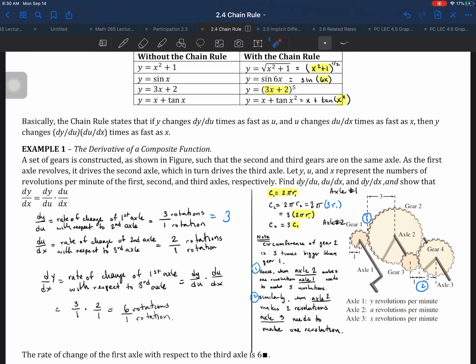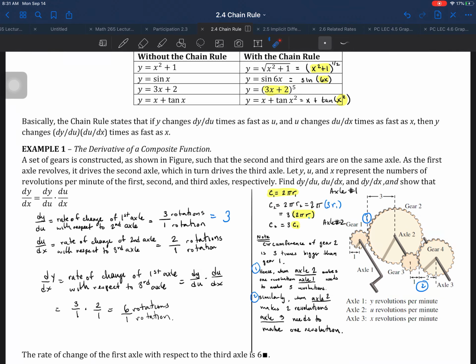So for the second part over here, in this example we have gear 3 and gear 4, right? We want to make sure we understand these two axles. If you compare these two, notice that this has a radius of 1 and this has a radius of 2.